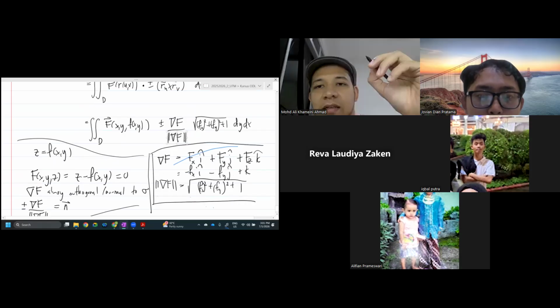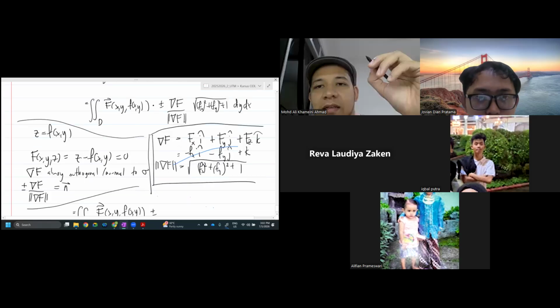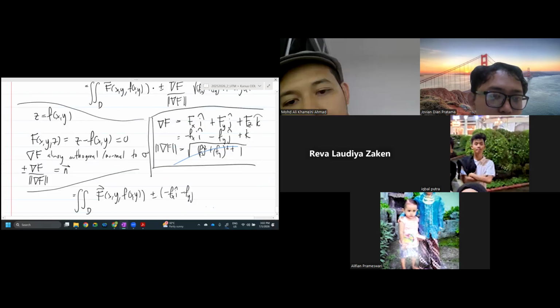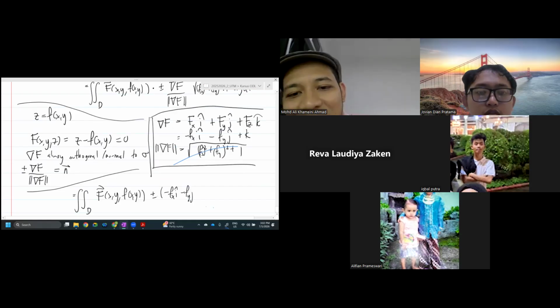You cancel this one with this one, and then you have dy dx or dx dy. So you need to remember this formula, and then you need to choose which one you want, the negative or the positive one. So this will be the formula.